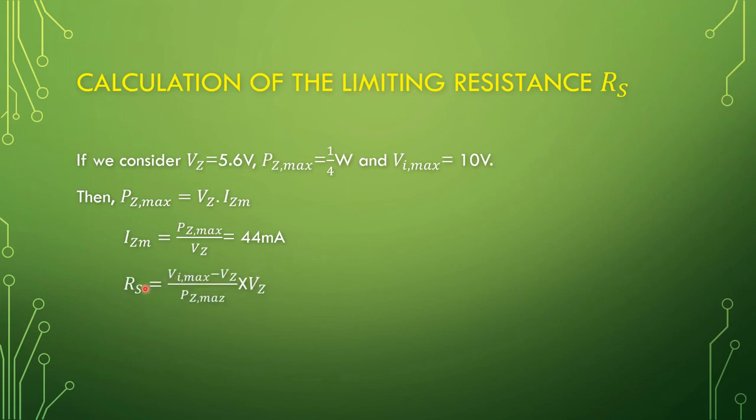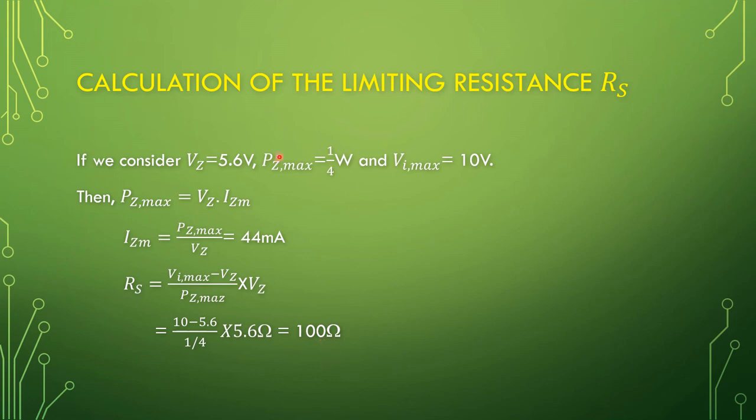Then we can calculate the Rs value, that is Vi max minus Vz divided by IZM, which is power divided by Vz. From this we get 10 minus 5.6 divided by 1/4 divided by 5.6, and here we get 100 ohm. If we consider 4.7 volt, then this value may change.